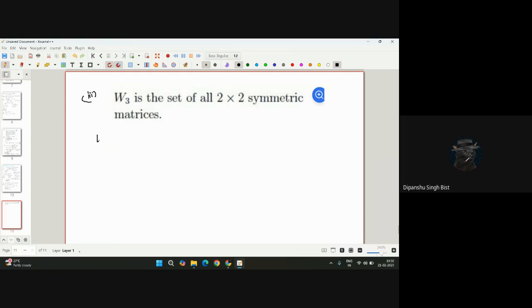So let's write the set representation of it. W3 is the set of all A such that A transpose is equal to A, and A is a 2 cross 2 matrix.